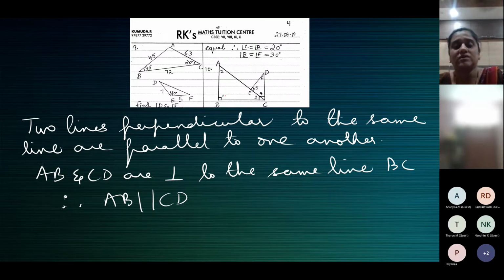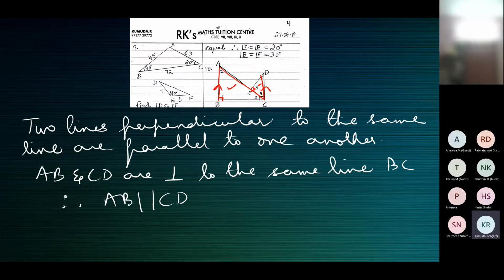In this triangle, angle 1 is equal to angle 5 in this triangle, 90 degrees. Then, since these two lines are parallel line, transversal, parallel line, alternate interior angles are equal. Correct? So angle 2 is equal to angle 4. So by AA similarity criterion, the two triangles are similar to each other.